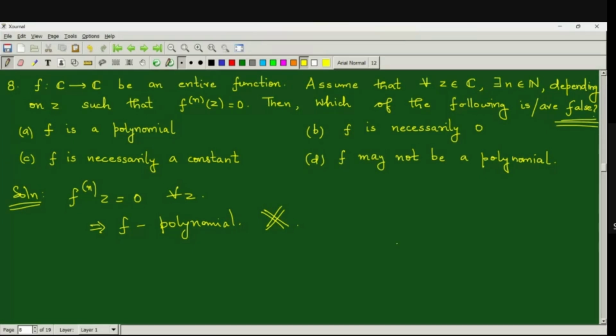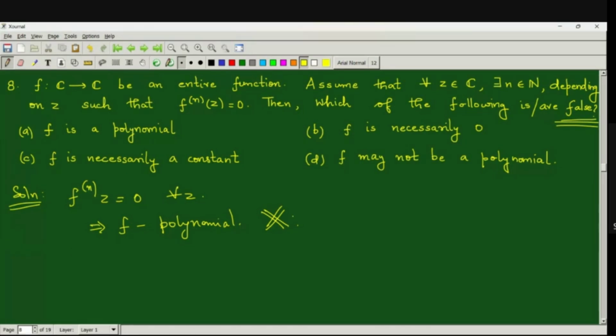Can anyone tell how you proved that f is a polynomial? This proof is really nice, that's why I'm asking. Actually, the coefficient a n will be 0 for some n. So an n minus 1 degree polynomial we can get for each z in C. No, it is not like that.